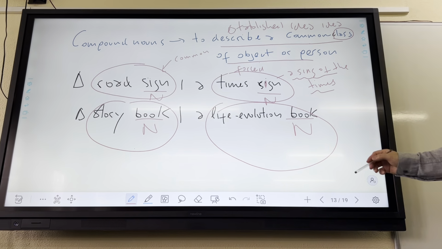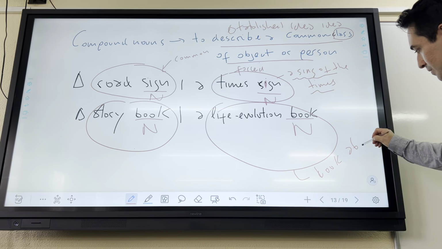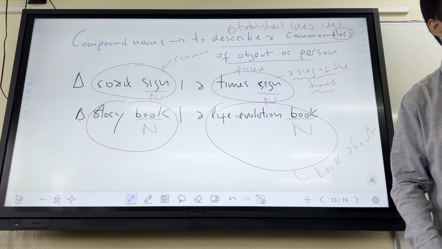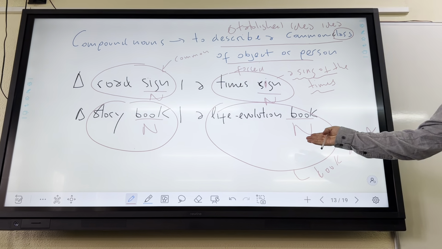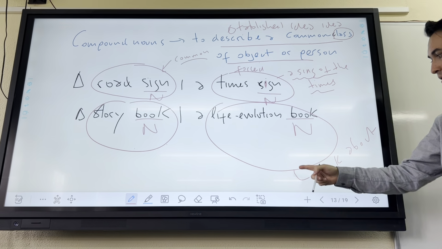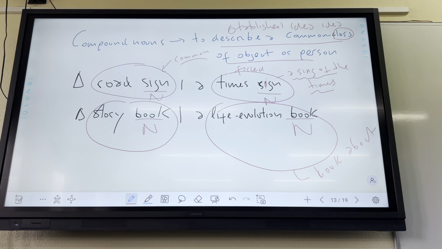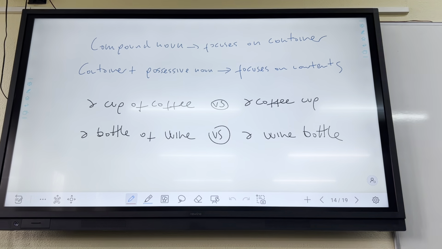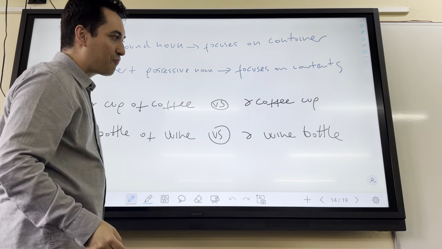So it's better to say it's a book about life evolution. Otherwise it is forced. This is natural because it's common. This is not common, so better to rephrase it. A book about life evolution. Do you understand? Yeah.